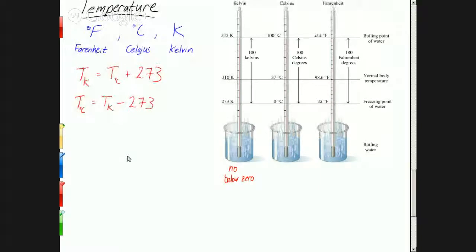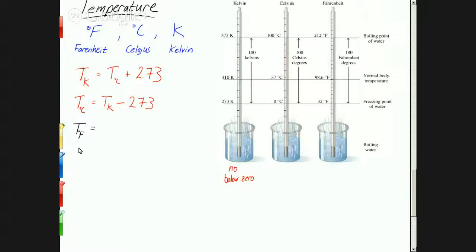Now the other two. The other two require an offset because they're 32 degrees apart. So we have to kind of slide the scales like this. And then we also need a multiplication of something to account for the fact that the degrees are different sizes. So these equations get a little bit trickier. So first we'll use the temperature in Fahrenheit.